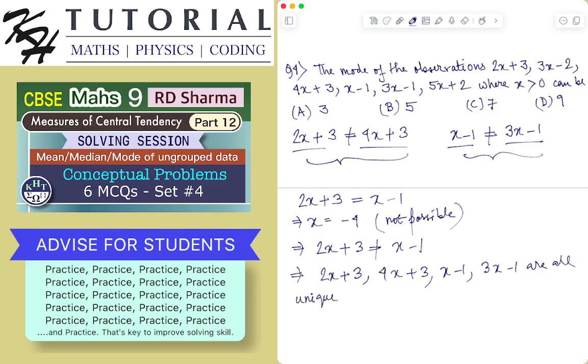For whatever value of x greater than 0, these four observations have to be unique. Now the only remaining observation is 5x plus 2. I have to check whether 5x plus 2 can be equal to any one of these observations or not.